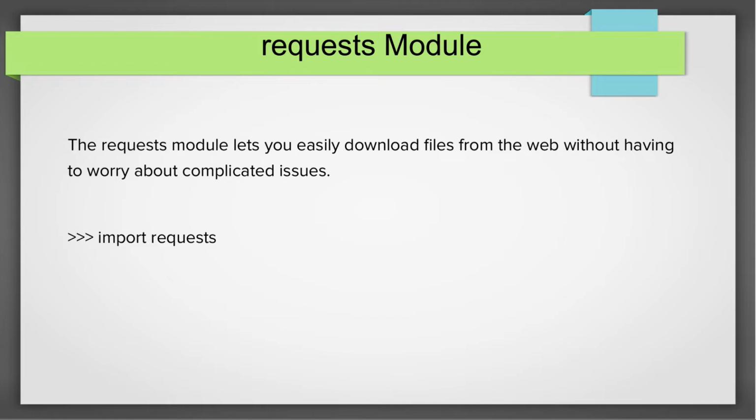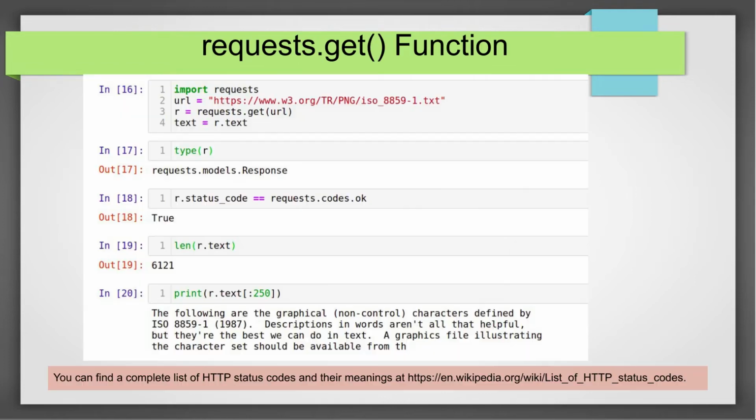The requests module was written because Python's urllib2 module is too complicated to use. Next, do a simple test to make sure the requests module installed correctly. Enter the following into the Python interactive shell: import requests. If no error messages show up, then the requests module has been successfully installed.